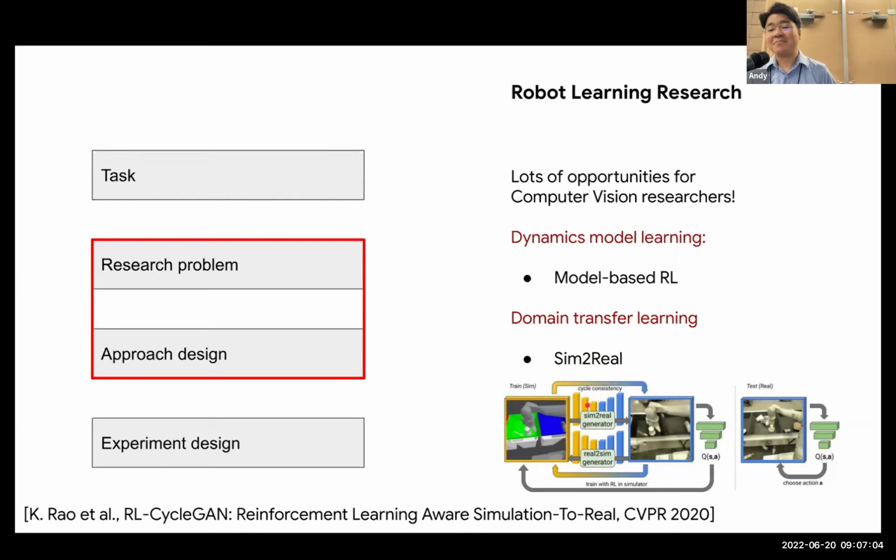And this is the exact application of domain transfer in some sense. And as you can see, this was done and was published actually at CVPR. And you can see that this is a hot topic. I mean, this is an important topic, and there are a lot of opportunities we see here. Okay, so these are lots of opportunities. I'm just listing some examples, and of course, there are many, many more you can think of.